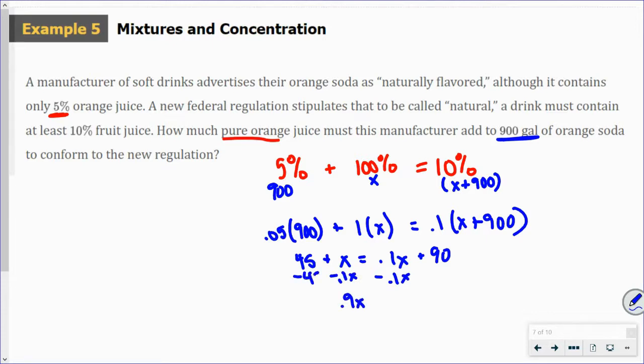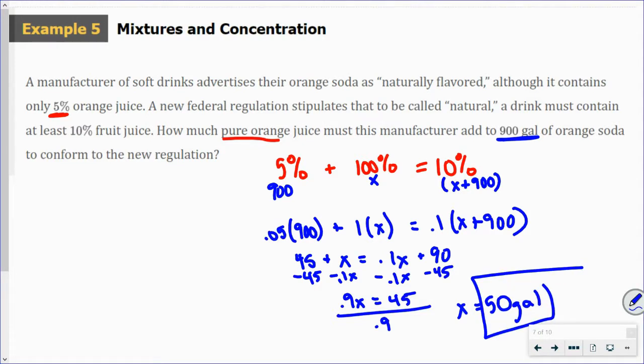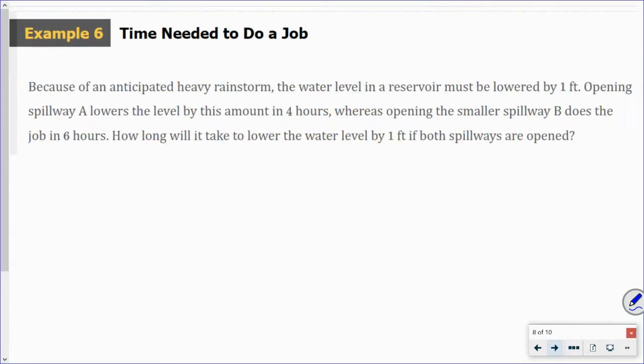And we're going to subtract 45 and divide by 0.9. So 45 divided by 0.9 equals 50. So they have to add 50 gallons of pure orange juice to this 900 gallons to get 10%. And they're going to end up with 950 gallons of juice, but it now has 10% fruit juice, which is what the federal regulation wanted.